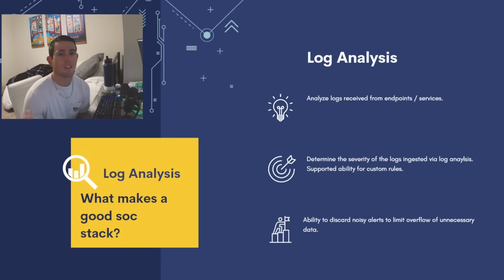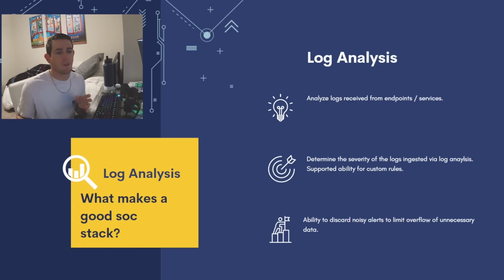We need a way for us to be able to analyze our logs. We need a way to customize our rules to fit our environment's needs. We need a way for us to set rule severity. So, if we see X, Y, and Z happen, that results in a high severity alert. We need customization around all the meta details that make up our alerts as a whole.